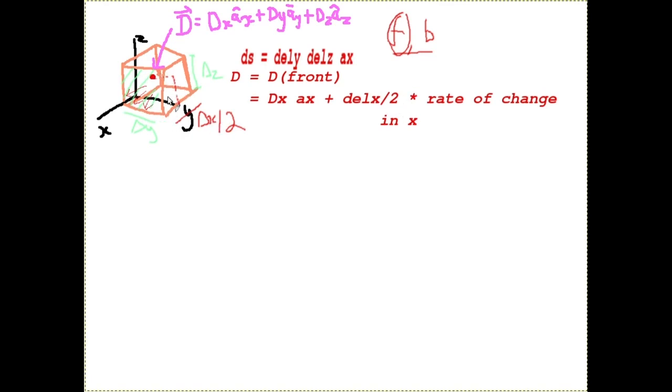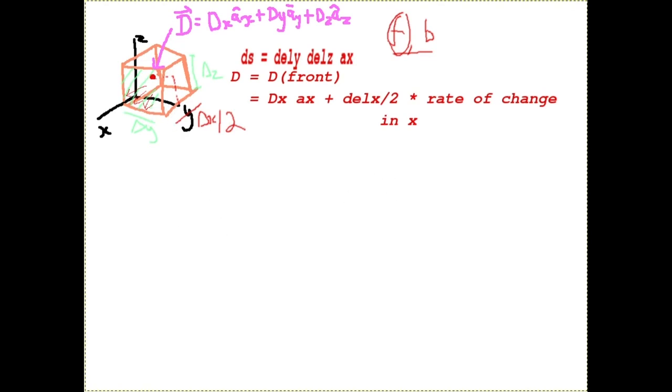So my surface is away by a distance of delta x by 2, and the flux is changing in the x direction, so both are in the positive x direction. That's why we have written it this way.